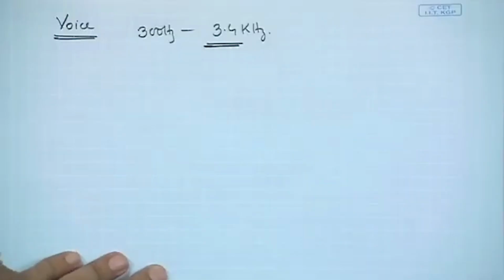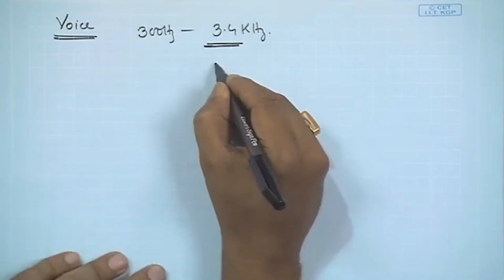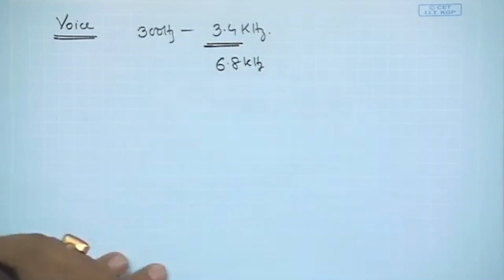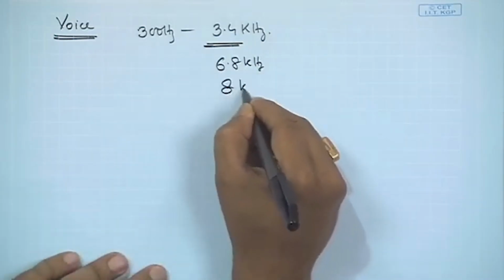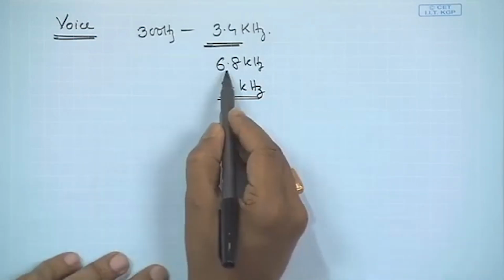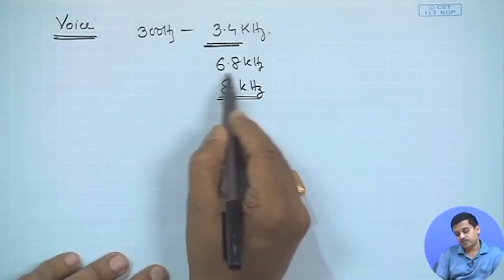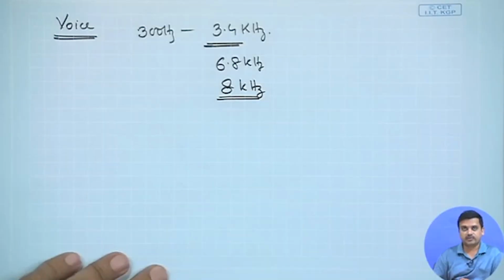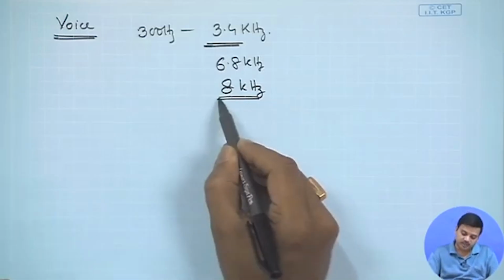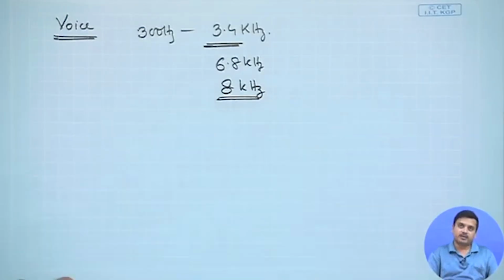The answer is, the maximum frequency content is 3.4 kilohertz. So, twice the maximum frequency content is 6.8 kilohertz, and what is used in practice is 8 kilohertz. So, 8 kilohertz is a number which is greater than 6.8. Of course, nobody stops you from using 6.81, which is very close to 6.8, but this is a safe number which has a certain amount of margin, and this is used in most practical cases.